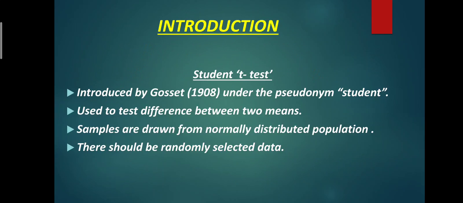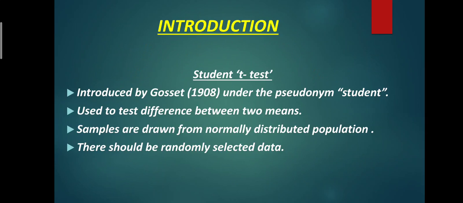Introduction. We are going to learn the use of a student t-test. This test was introduced by Gosset in the year 1908 under the pseudonym student. It means that this particular test was discovered by Gosset in the year 1908. Now let's see why it is used.